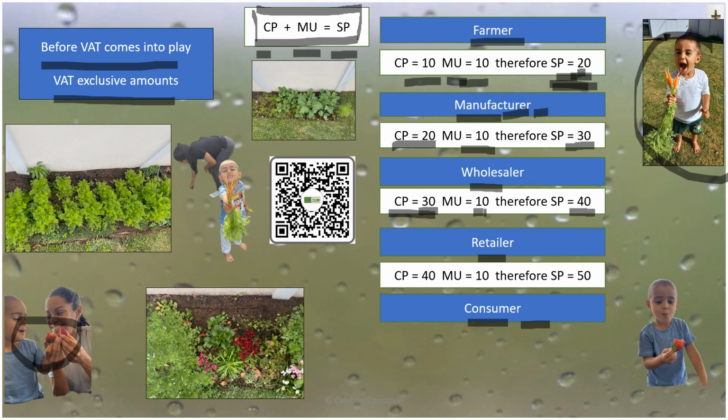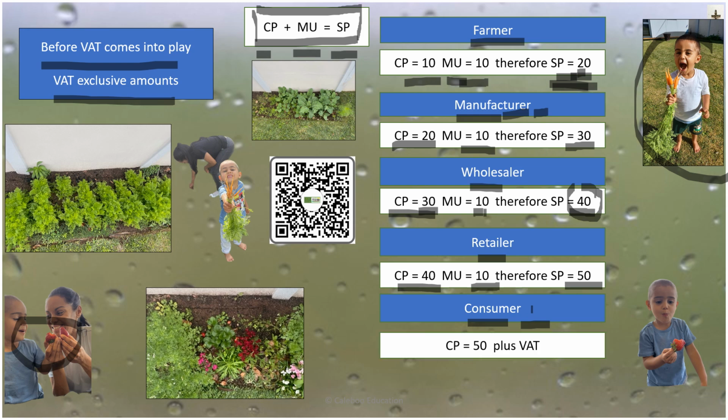The retailer's cost price is 40. The selling price of the wholesaler, a markup is added and the selling price is 50. Then you and me, the consumer, buy the product from the retailer at a price of 50 plus VAT.